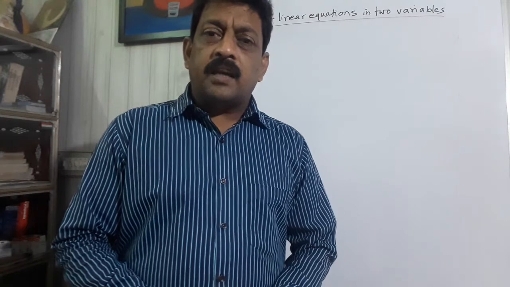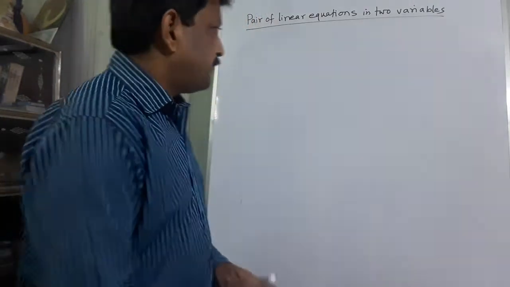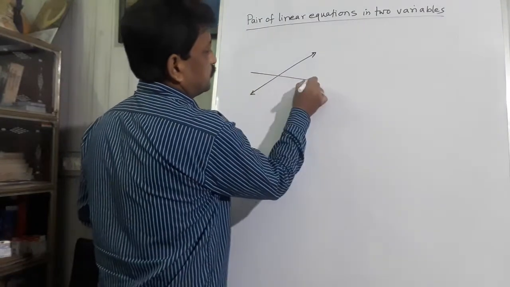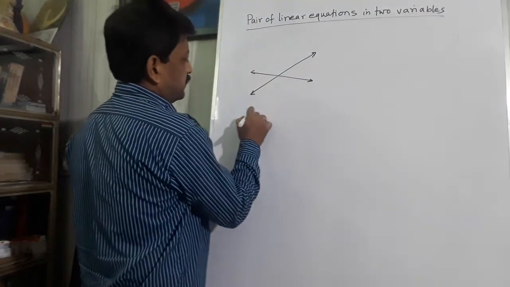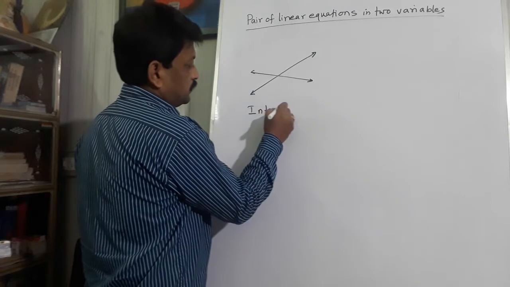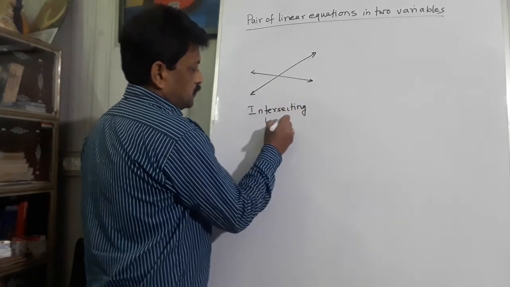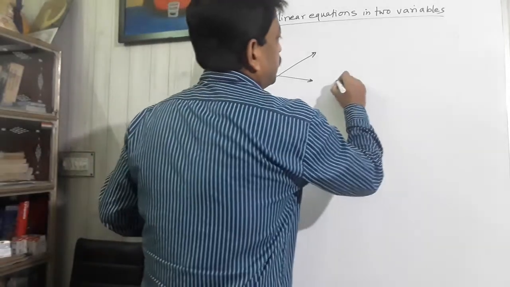The two lines can be intersecting lines, like this, intersecting lines. Two lines can be parallel lines.